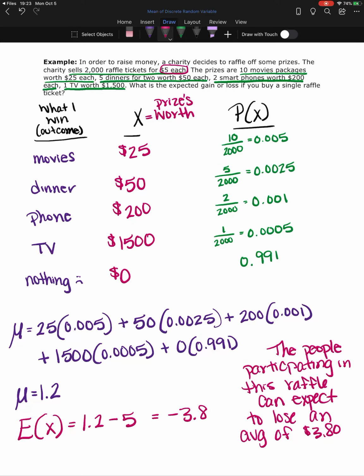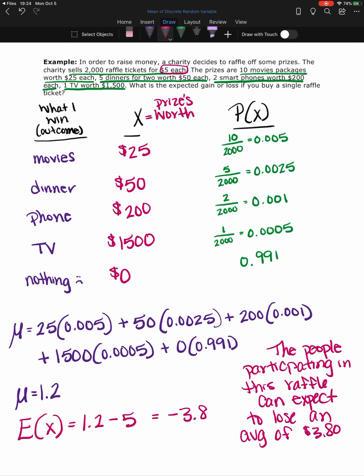They are losing money because the expected value is negative. If the expected value is positive, that would mean that the people are on average gaining money in this raffle. And that's a good raffle for you if you're the one participating, because that means the average player is coming away with money. With this one, the average person is losing money in this raffle.